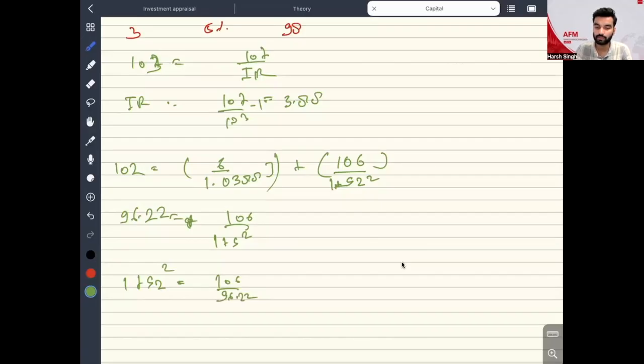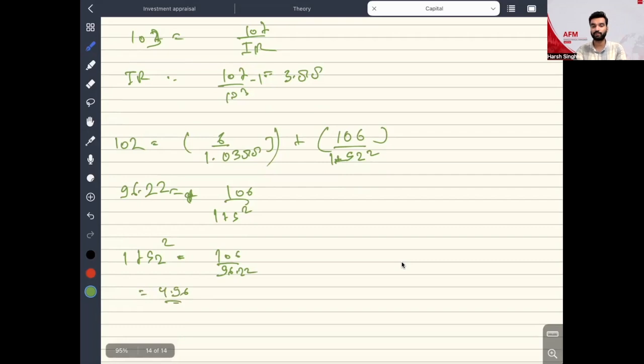Then take the square root, 1.0496, minus 1, is equal to... The answer is coming out to be 4.96. Just solve everything and you will get the answer as 4.96.